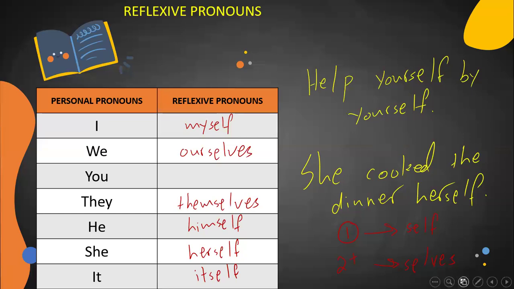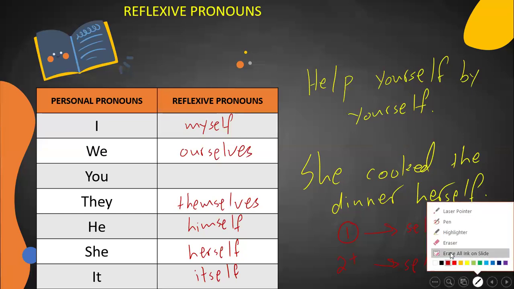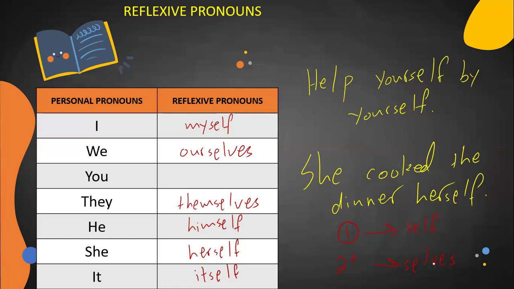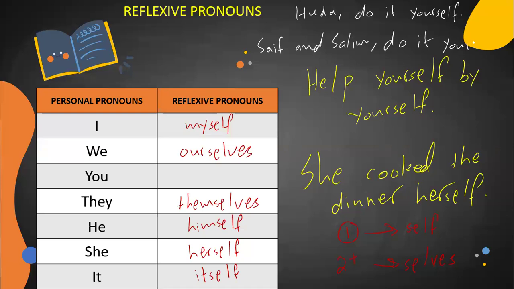Look at these two sentences in order to understand the reflexive pronoun that goes with you. Huda, do it yourself. Saif and Salim, do it yourselves.